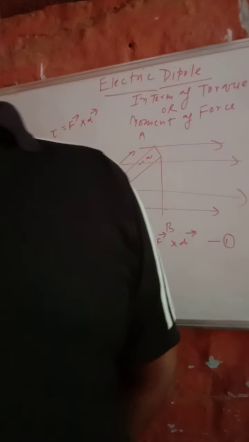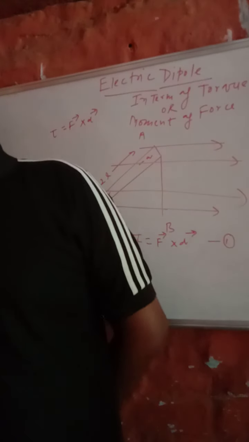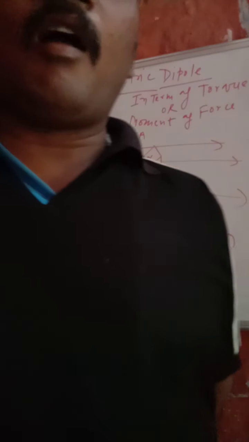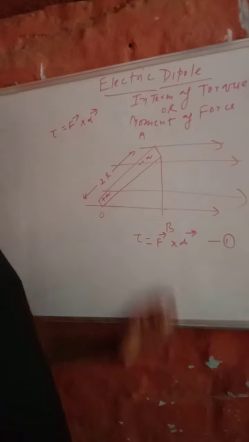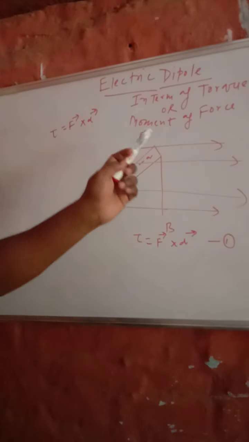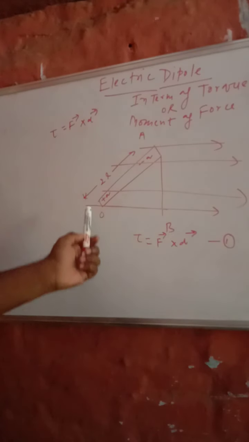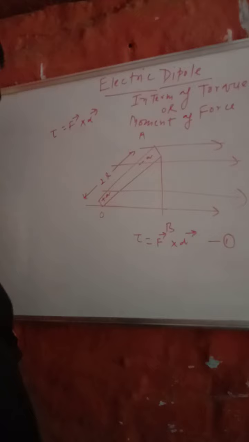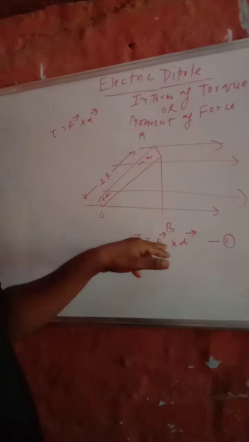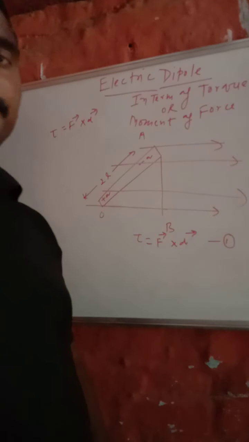Now today I am going to describe an electric dipole placed in an electric field, which will move in the relation for torque, clockwise and anti-clockwise. In the given figure, let us consider OAB. The electric dipole is placed at OA in an electric field, then the relation is tau is equal to vector F into d.